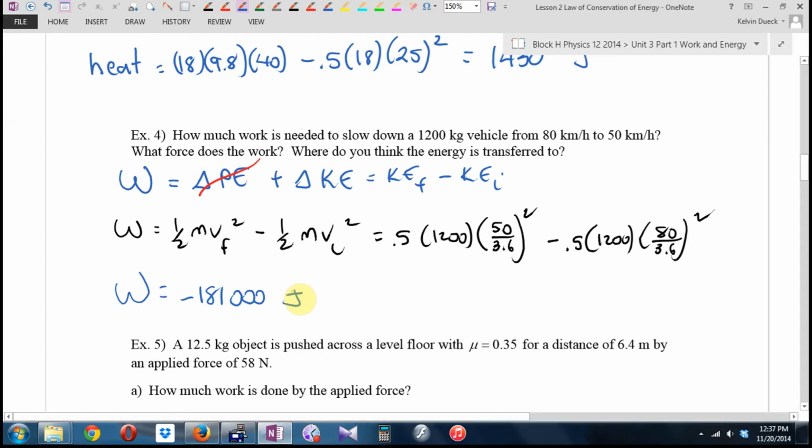Then I said, which force does the work? Where's the energy transferred to? Heat. Turned into heat.